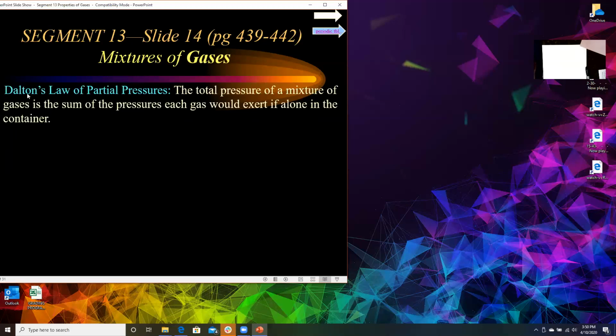So if I've got a mixture of gases in a container, I could just pretend I put one of them in there, measure the pressure, and then put the other one in there and measure the pressure, and the sum of the pressures would be equal to the total pressure. That makes sense. And that's all that Dalton's law says. The total pressure is just the sum of the partial pressures.